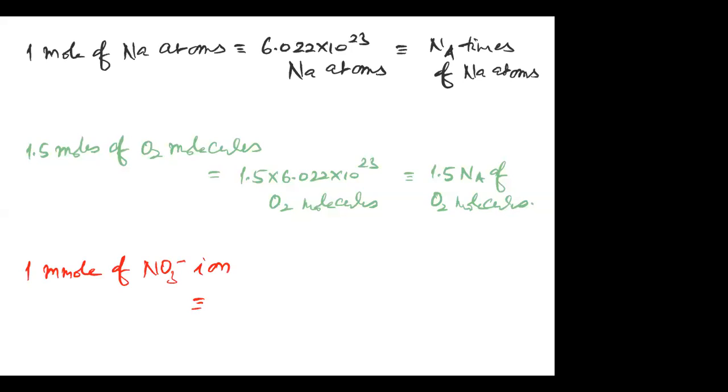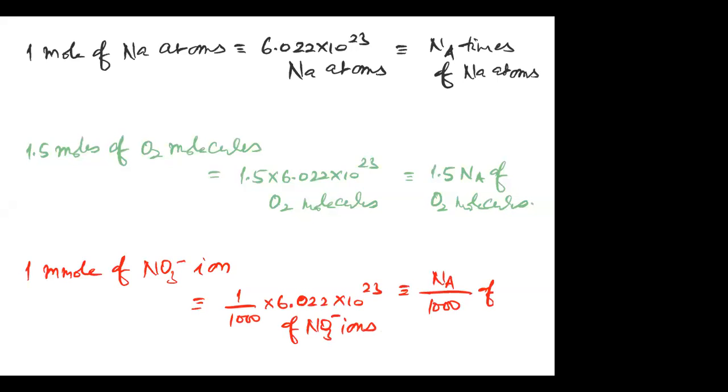So it is 1 divided by 1000 into 6.022 into 10 raised to the power 23 nitrate ions, and should be equal to NA divided by 1000 nitrate ions.